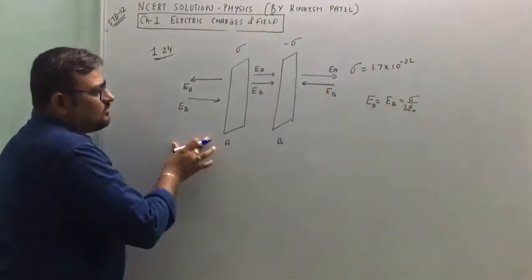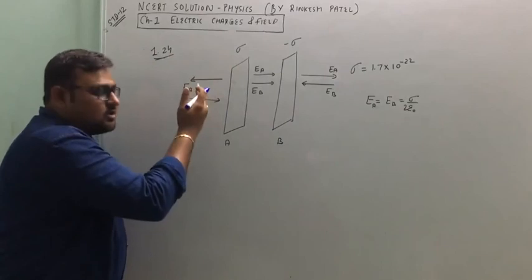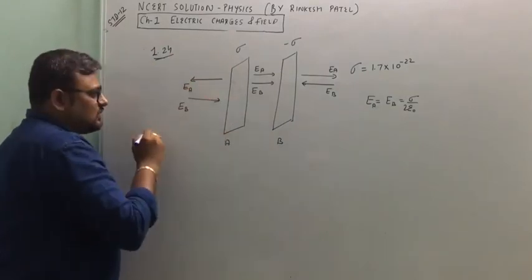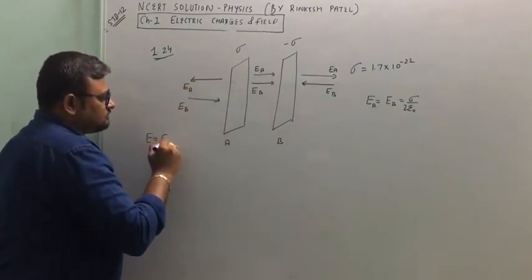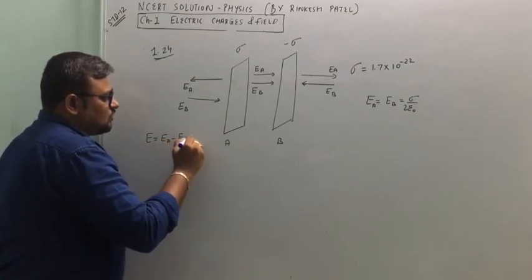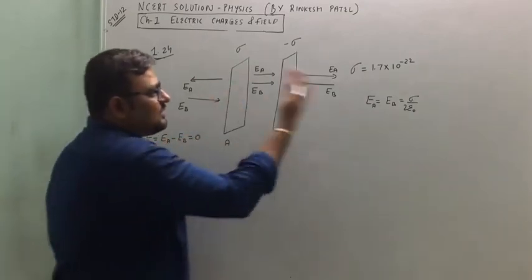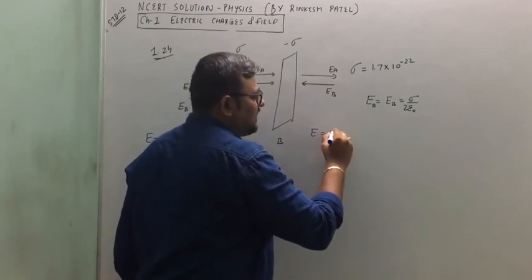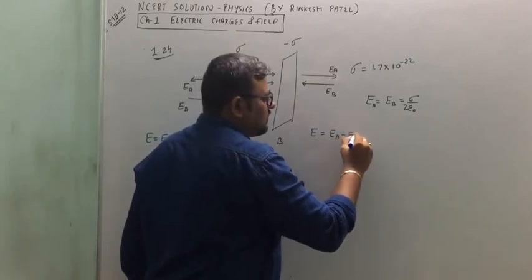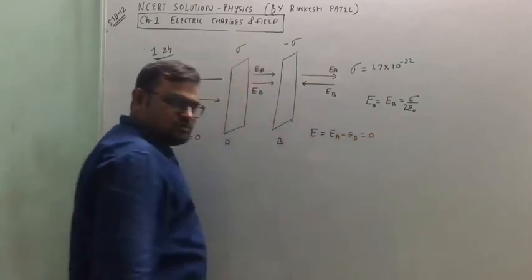So here both are in opposite direction. So on the outer side of the first plate the field will be equal to 0. Similarly on the outward side of the other plate it will also be equal to 0.